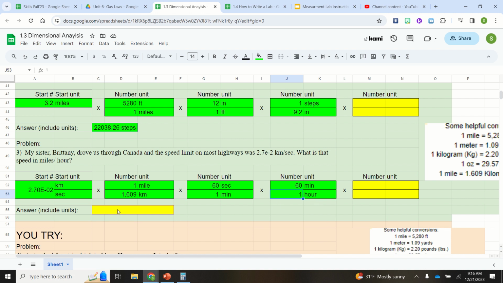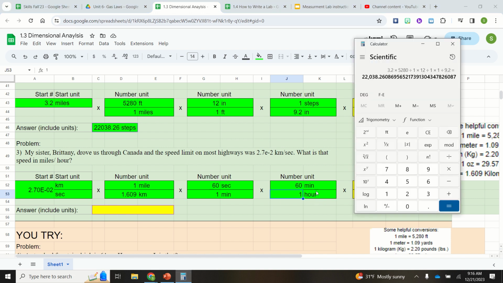We can solve. So let's put it in our calculator. Remember to use your E button. 2.7. This calculator uses EXP. Make sure you use whatever the appropriate one for the calculator you're using. EXP, and then our exponent, which is -2. And then we times by the top number, which is 1, divide by the bottom number, which is 1.609.